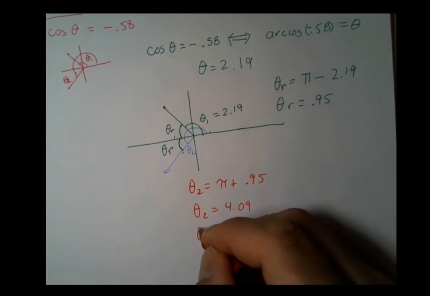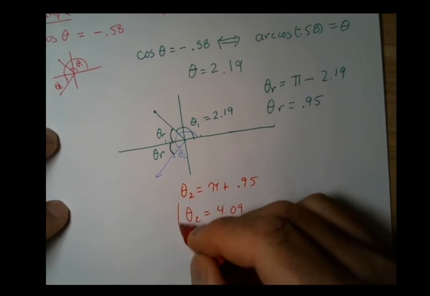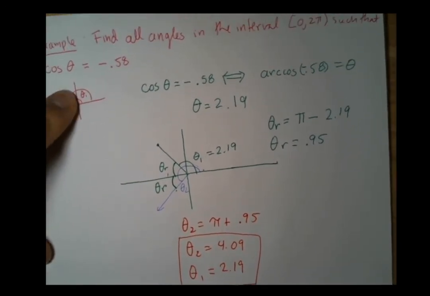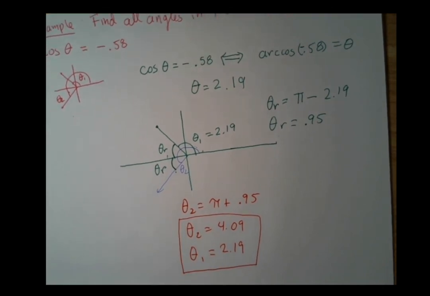And from our initial calculations, we get 2.19. Now we have both angles that satisfy cosine theta equals negative 0.58. All right, thank you.